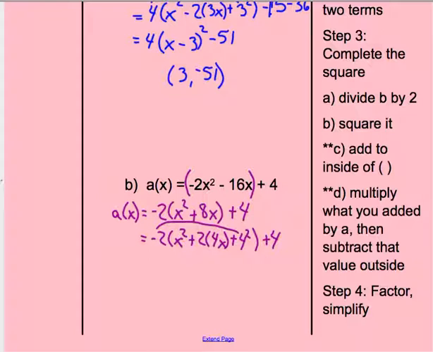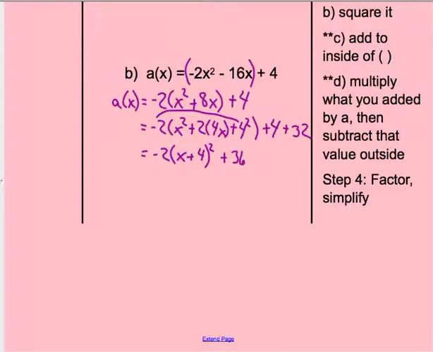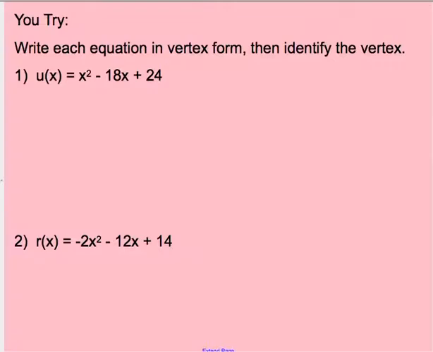Now 16 times negative 2 gives us a negative 32. So I really added a negative 32. So now on the outside I'm going to add a positive 32 to balance it. Factoring my perfect square trinomial and simplifying on the outside, I get a vertex of negative 4, 36 in your U-try problem.